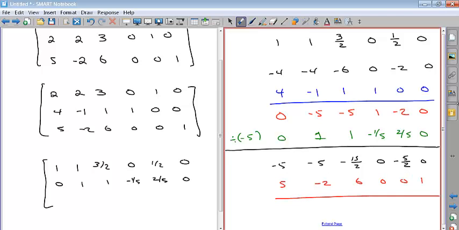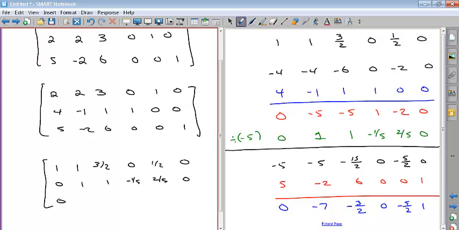Add those together. I get 0, -7. We've got -15 halves plus 12 halves, so that's -3 halves. 0, -5 halves, 1. Okay, so I'll put that in there. So you get 0, -7, -3 halves, 0, -5 halves, 1.